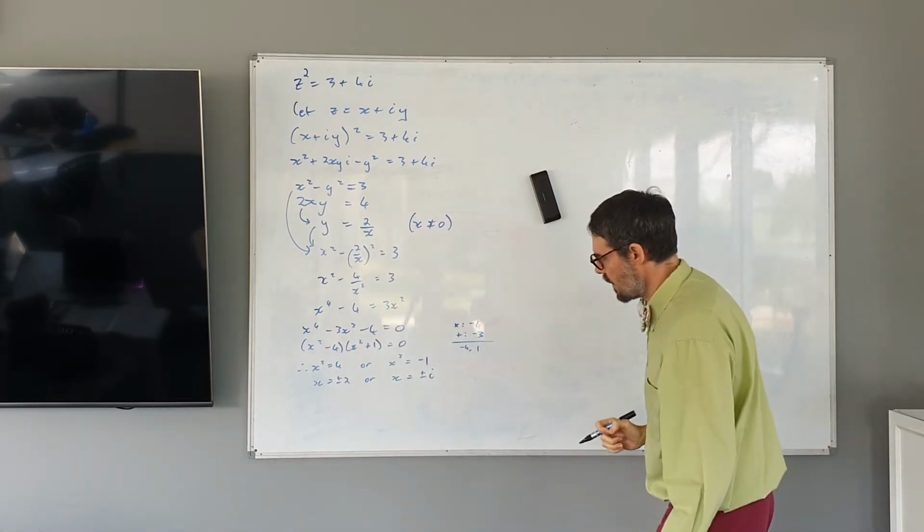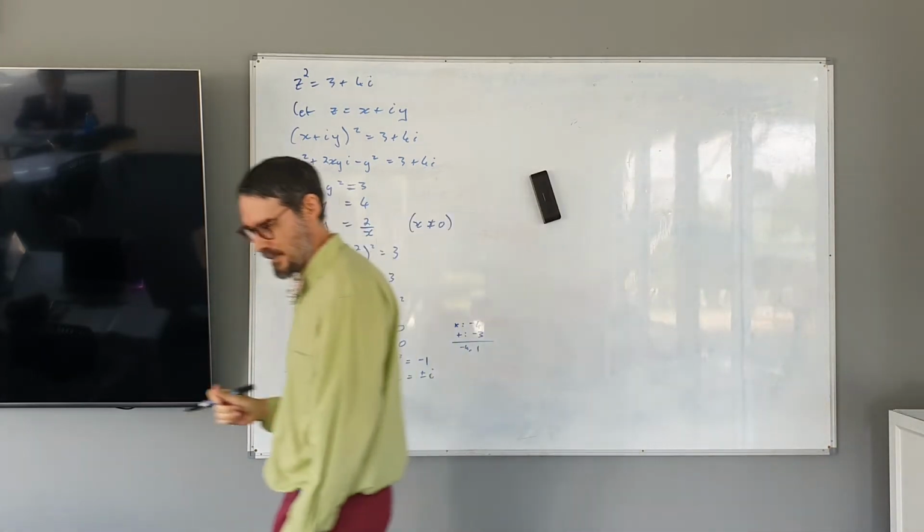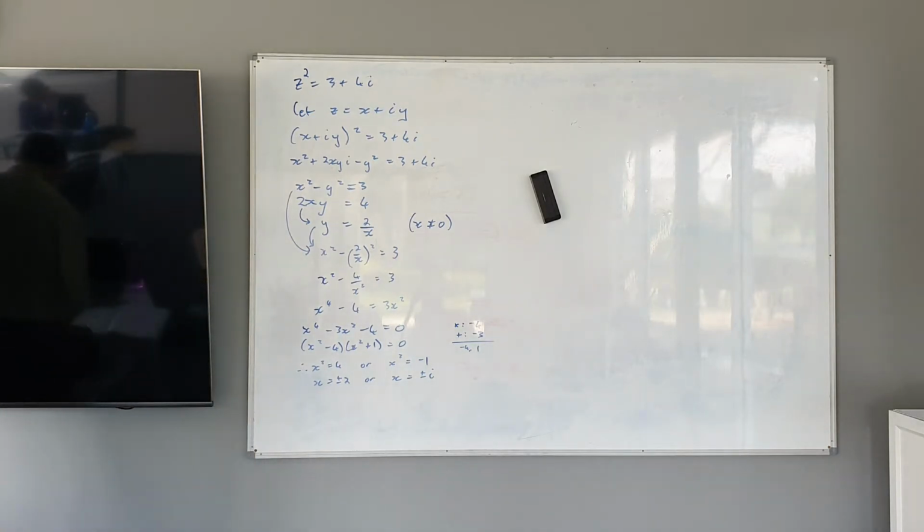X squared is, yeah, that is correct. Now, why did they do that?